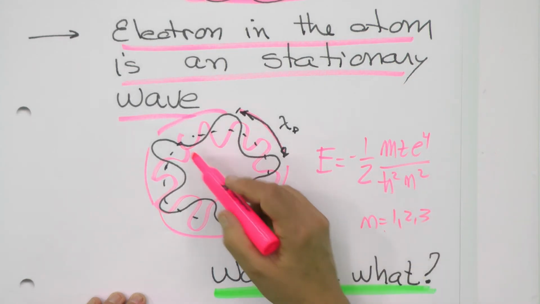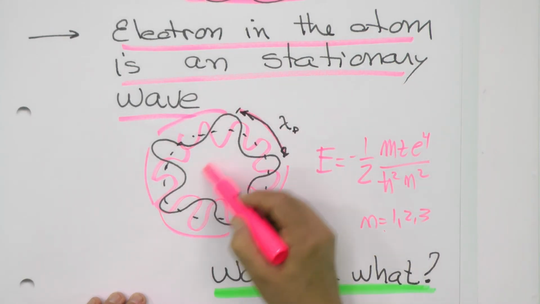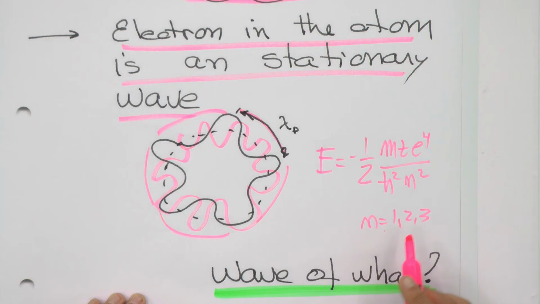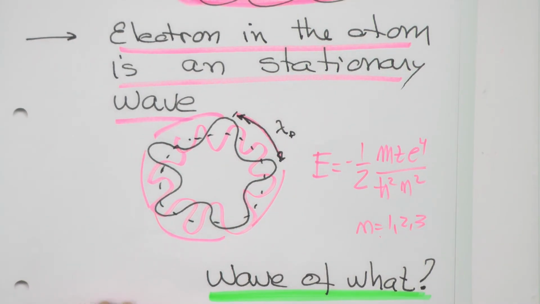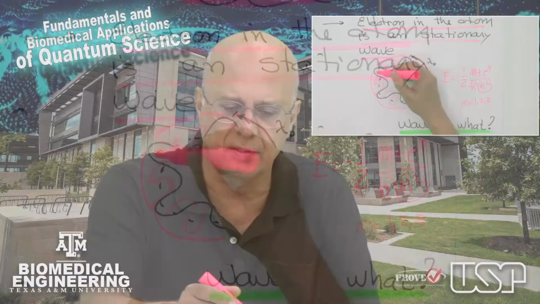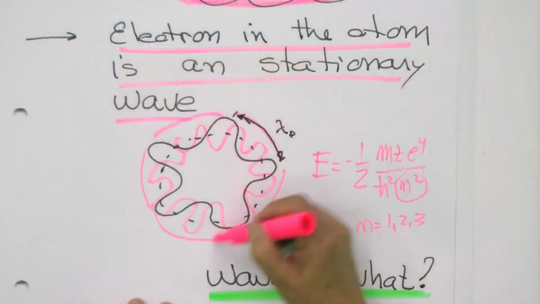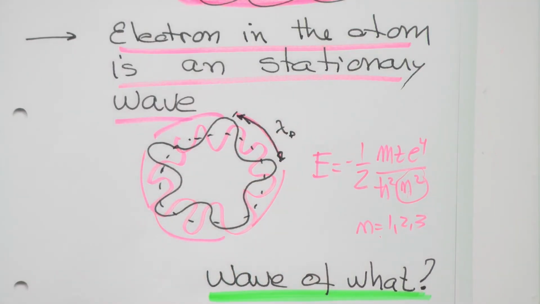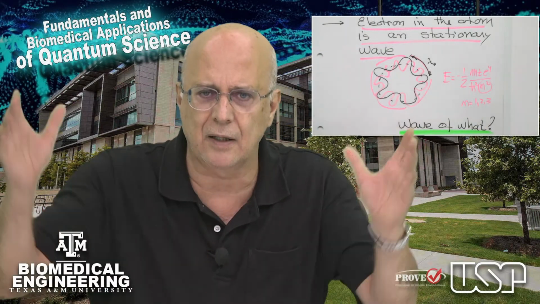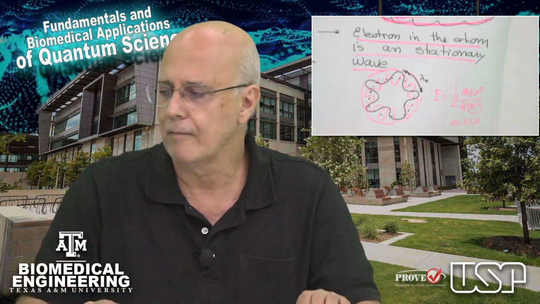If n is equal to 1, I have one oscillation around the orbit. If I have 2, it is 2, then 3, and so on, right? So the waves will be more and more. When I go to infinity, I almost don't see oscillations anymore. This is a very highly excited state, almost like a free electron, and then it's going to become free anyway.